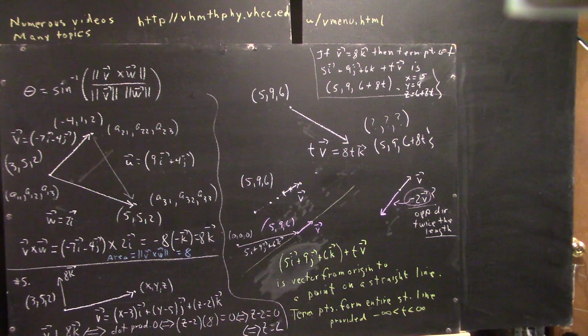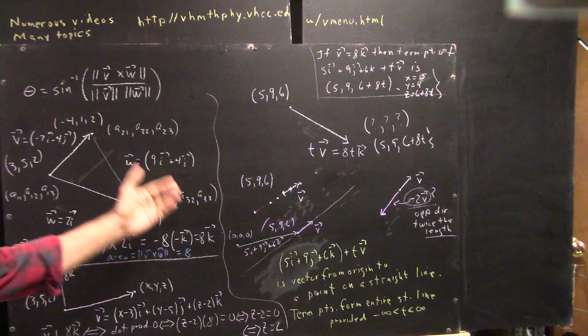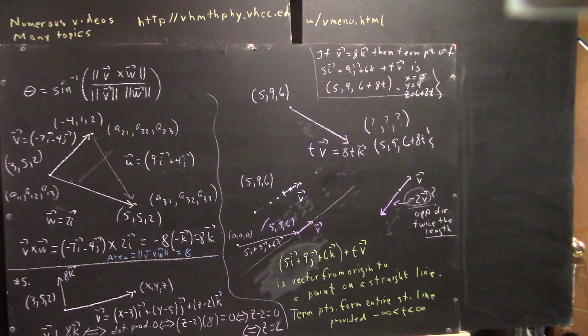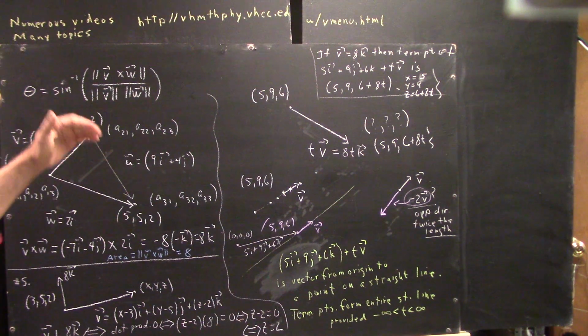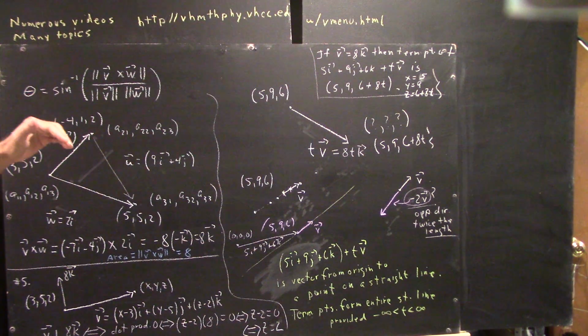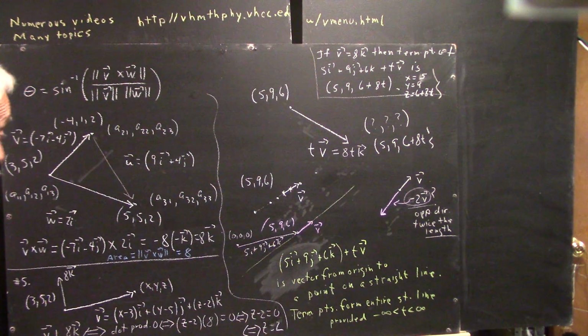Maybe the area of the parallelogram might be the determinant of that matrix, in which case it might not matter which two vectors you use. So that question was raised. It was a very good question.